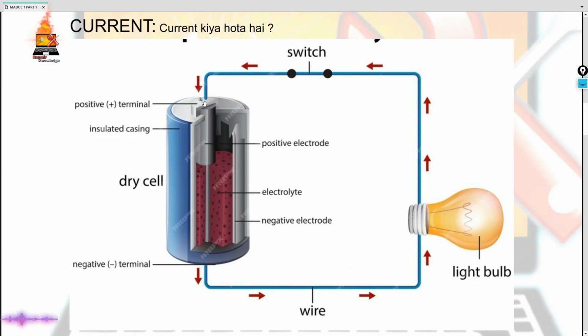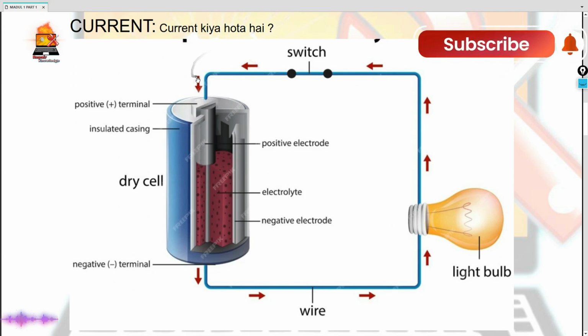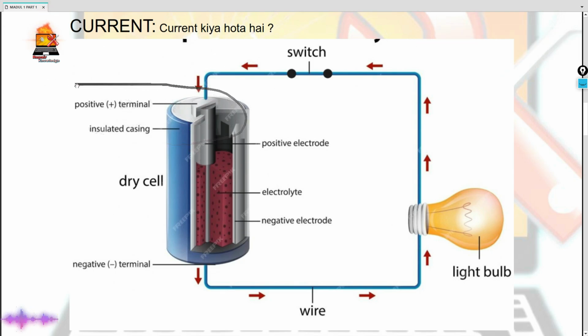Negative electrons move towards positive, and the positive side pulls the electrons to its side. Are you understanding my point? The negative electrons run towards the positive.